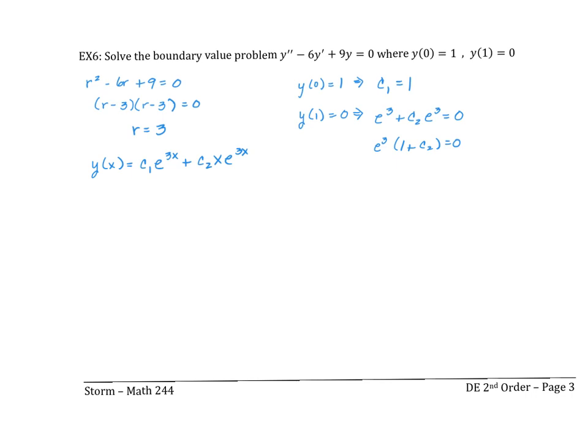Again, we have e to the 3 equal to 0, or 1 plus c sub 2 equal to 0, and e to the 3 equal to 0 can't happen. So I know that this is not a solution, and I have 1 plus c sub 2 equal to 0, so c sub 2 is equal to negative 1. My solution is then y of x equal to e to the 3x minus x e to the 3x.